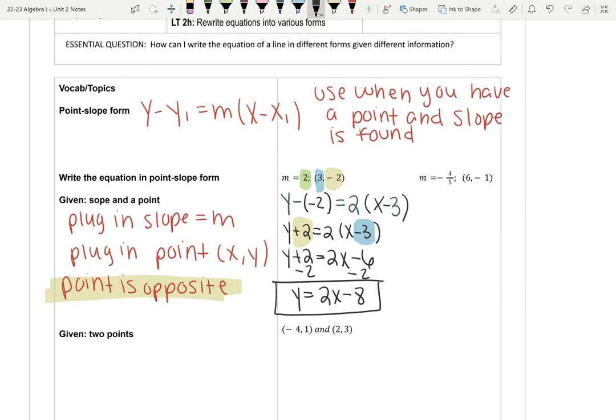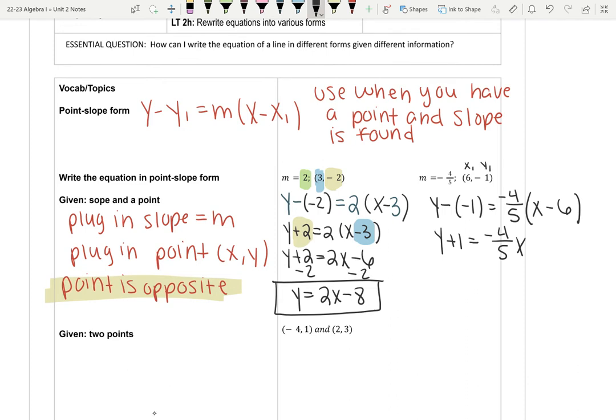Okay, so this next one I'm going to work through a little bit faster. So I'm going to have y minus, and then my y1, so negative 1, equals my m is negative 4/5, and then times x minus my x1, so x minus 6. This becomes y plus 1 equals negative 4/5 x.